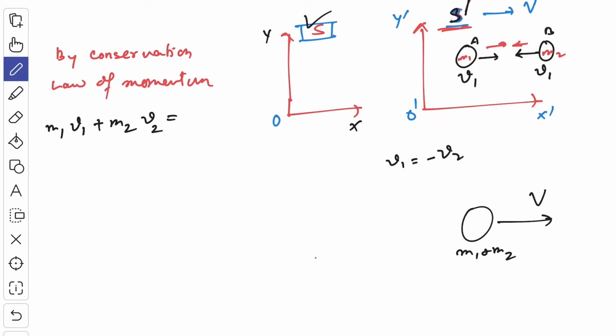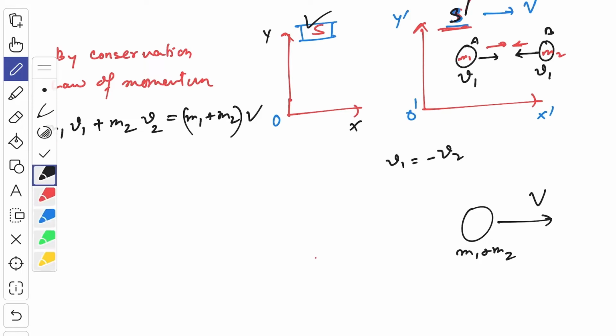Then total momentum is conserved before and after collision. That's why we will get m1 plus m2 into V. Let us suppose this is equation number 1.